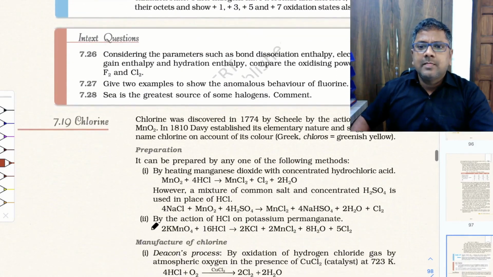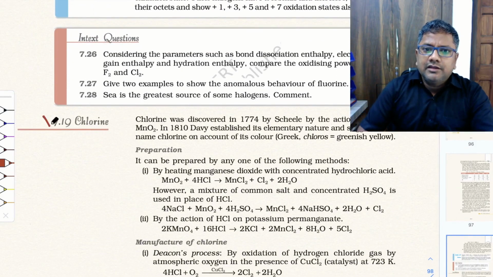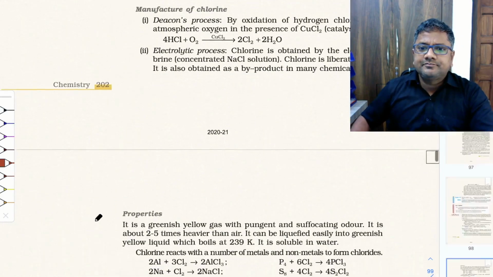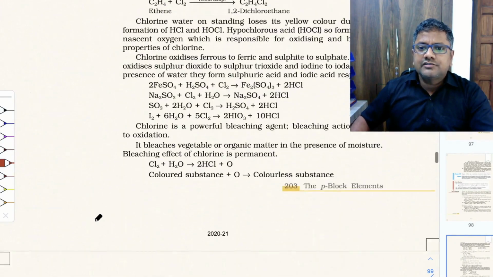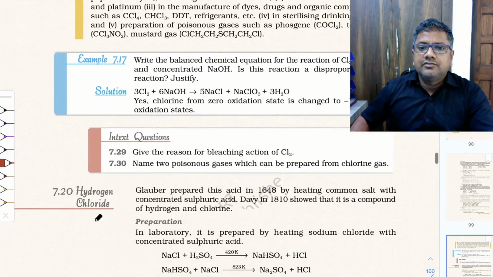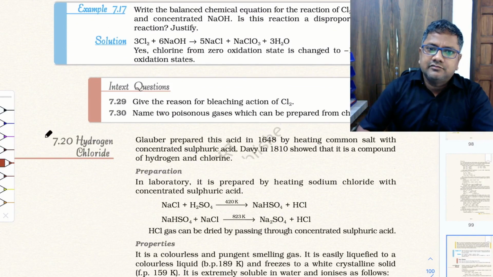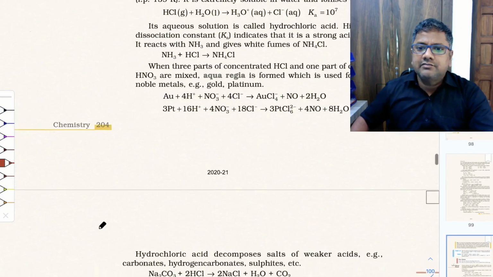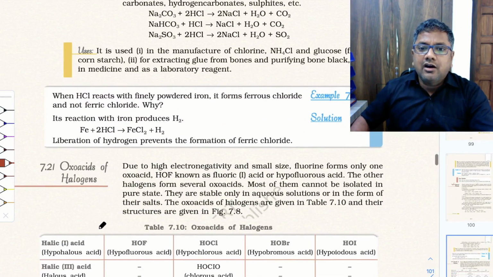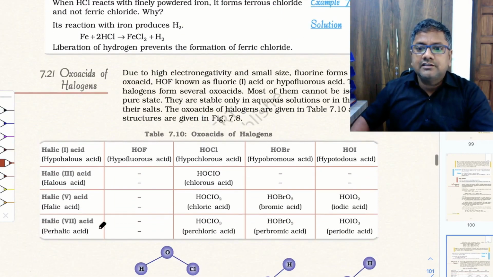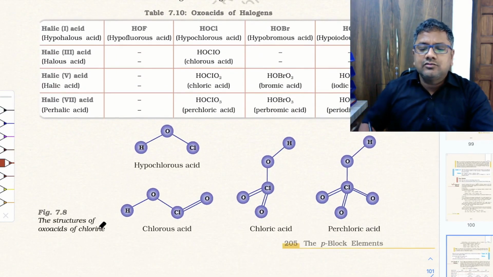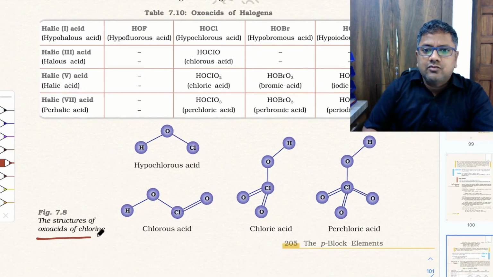Now come to the chlorine. Chlorine, it is in your syllabus. Properties and uses, and HCl. These two are in your syllabus. And oxyacids of halogen, right? You just go through only the structures, this is in your syllabus.